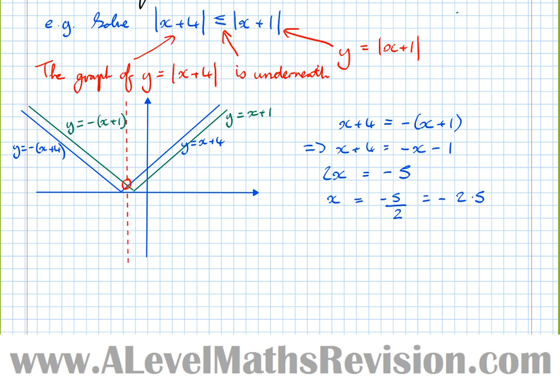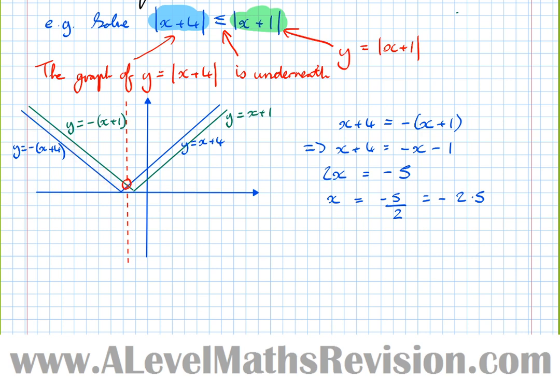Now in this section, you can see that the blue graph is always vertically above the green graph. Anything to the left of this, the green graph is always above the blue graph. Well, the blue graph is y equals mod of x plus 4. The green graph is y equals mod of x plus 1. So this is telling us we want where the blue graph is underneath the green graph. And that's this left-hand section here.